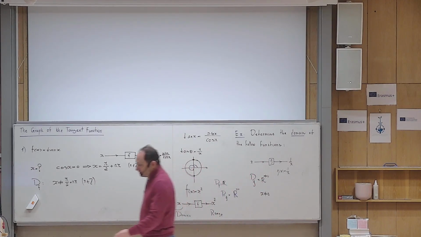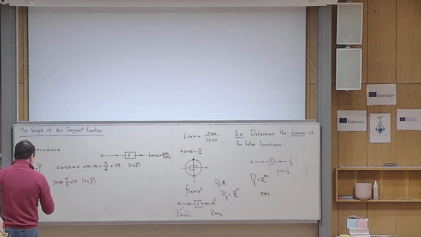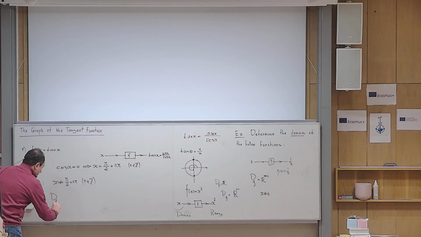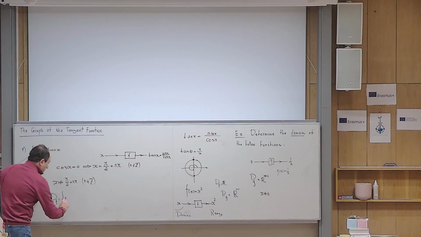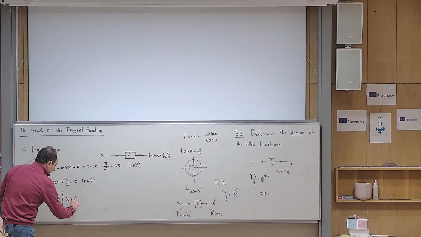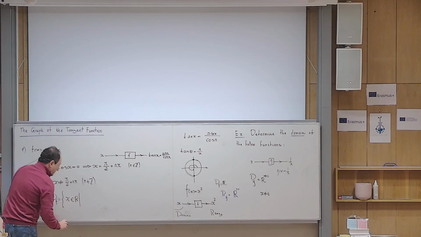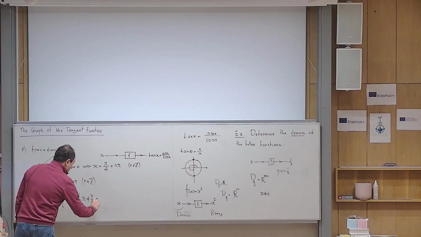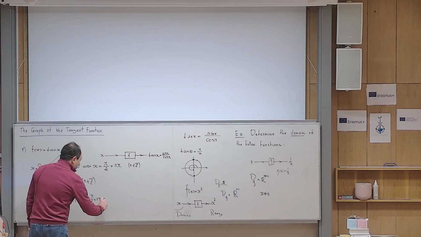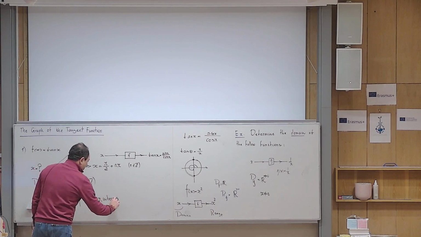So if I want to write it properly, I have to write D_f is equal to the curly brackets, meaning the collection, of all real numbers, and this vertical line means such that x is not equal to pi over 2 plus n pi, where n is an integer.